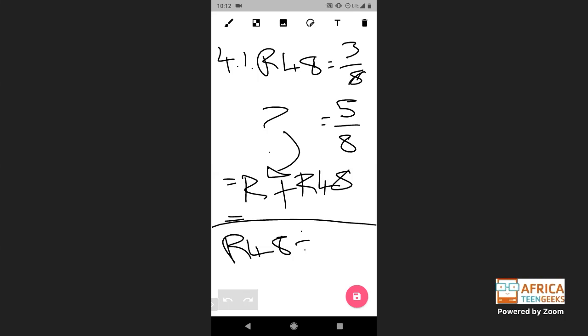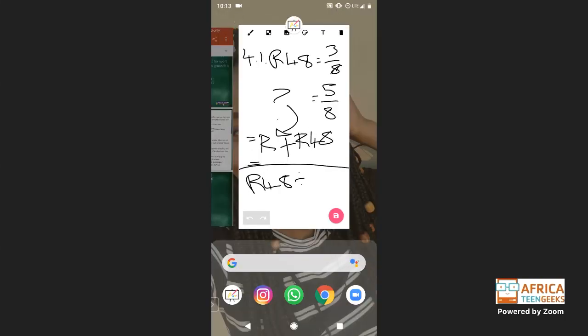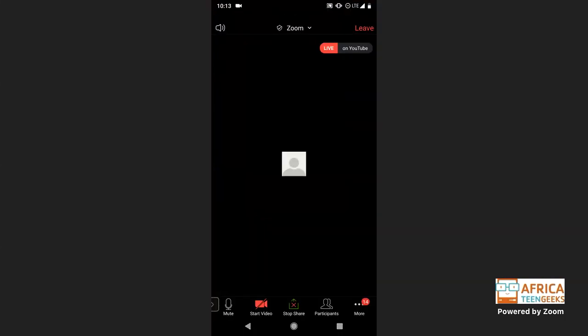Because now we have 3/8 and 5/8, but firstly we must find out how much is 1/8 in order to calculate. It will be much easier to calculate how much is 8/8, and they have the same denominator, so when we add, it's easier. We don't have to find any lowest common multiples. So we need to find out how much is 1/8, since 48 is 3/8. You can comment, it's a little bit difficult.